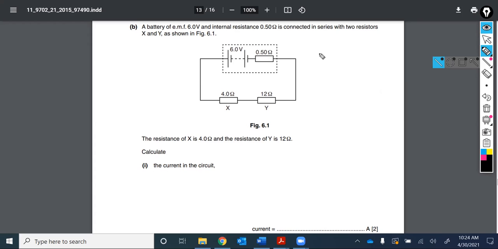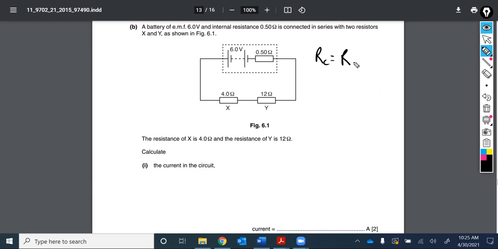So the first step is to calculate the entire circuit resistance, recognizing that there are 2 external resistors, but there's a third resistor in series. The charges still have to go through this, so consider it like another resistor, even though it's just the resistance in the battery itself.